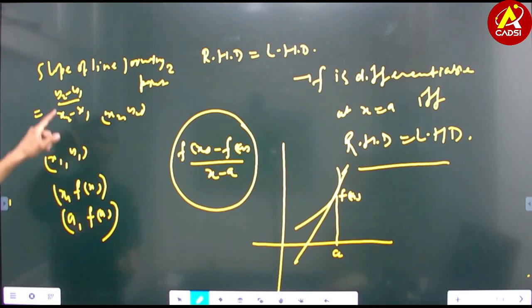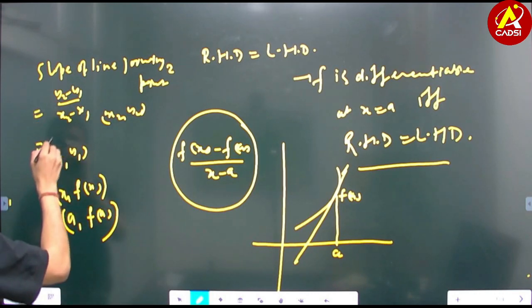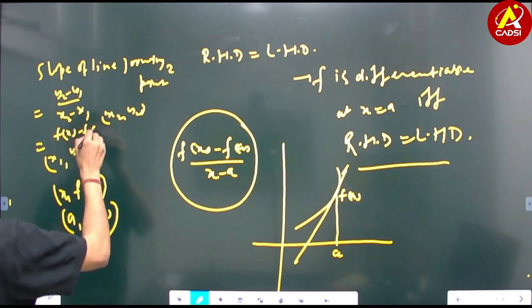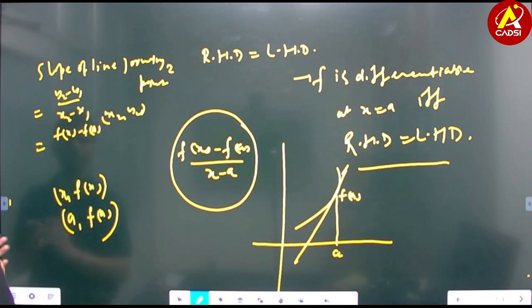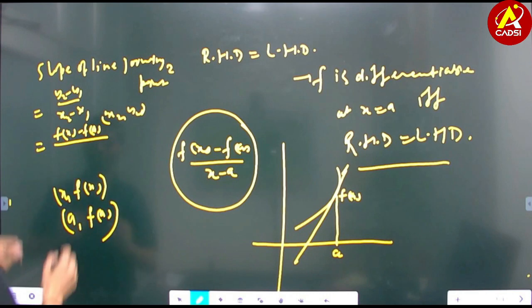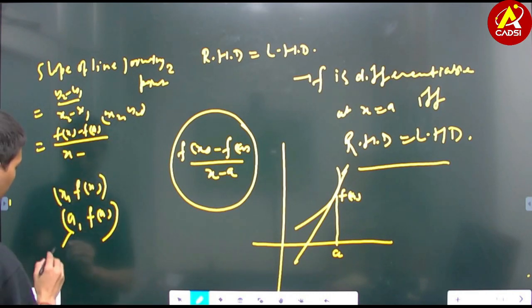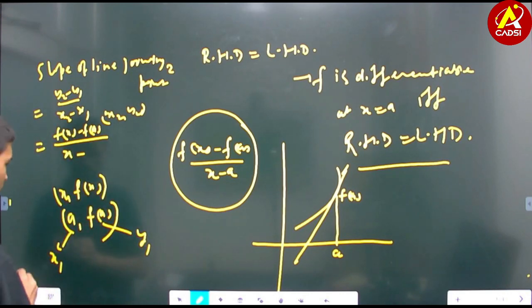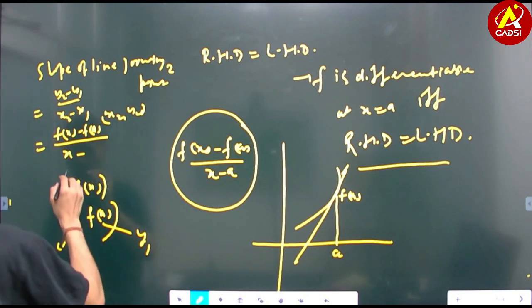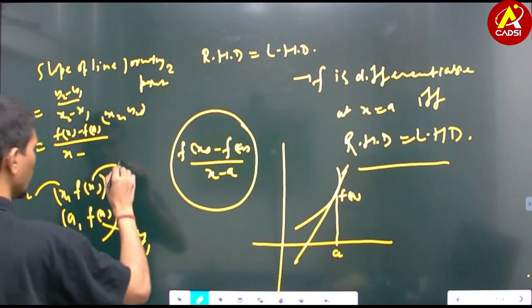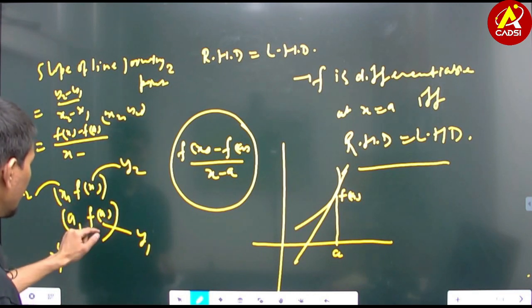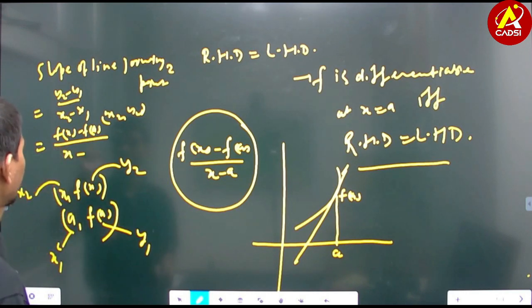Here y2 is f of x and y1 is f of a, upon x2, which is x, minus x1, which is a. So we get (f of x minus f of a) upon (x minus a).